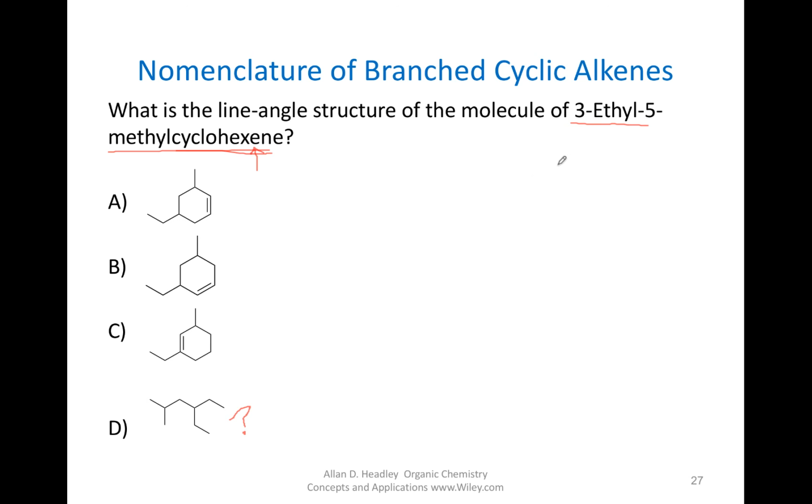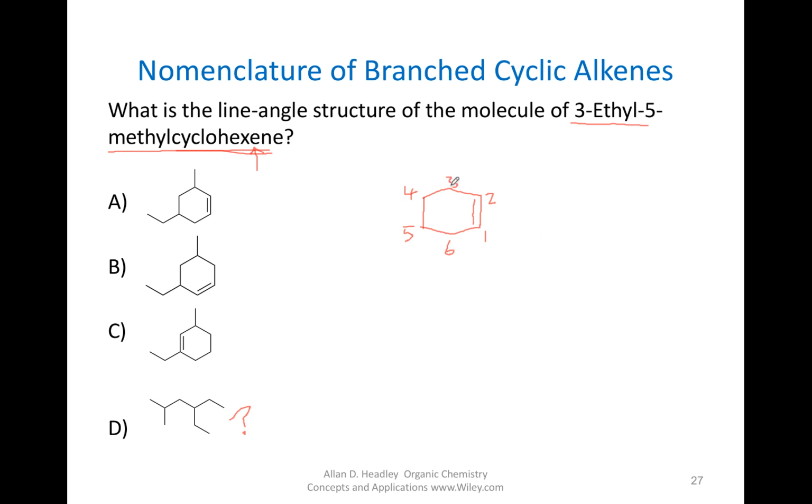And once you have identified that as position number 1, and you go through, so let's see if we can draw that. So we have a position here. So 1, 2, 3, 4, 5, and 6. Notice I'm going in the direction of the double bond.